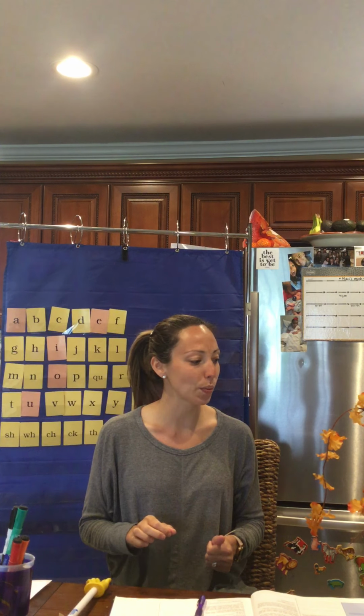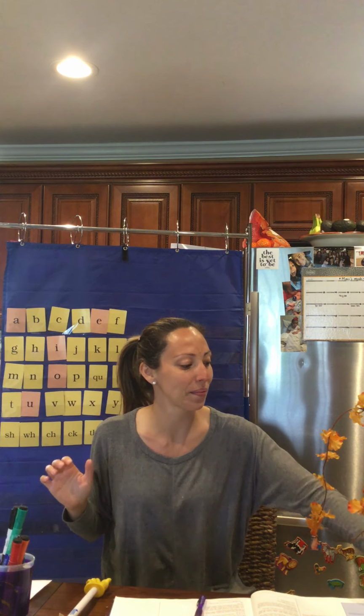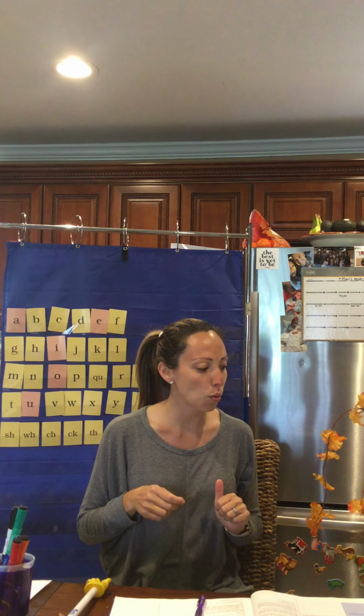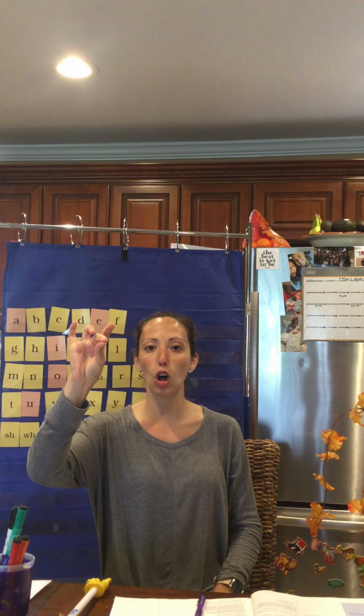Okay, the next one. Let me see. Okay, I got it. Very good. Chip. It's like this. This is some of Ella's play food. So, chip. Very good, boys and girls. Okay, the next one is b-o-k.